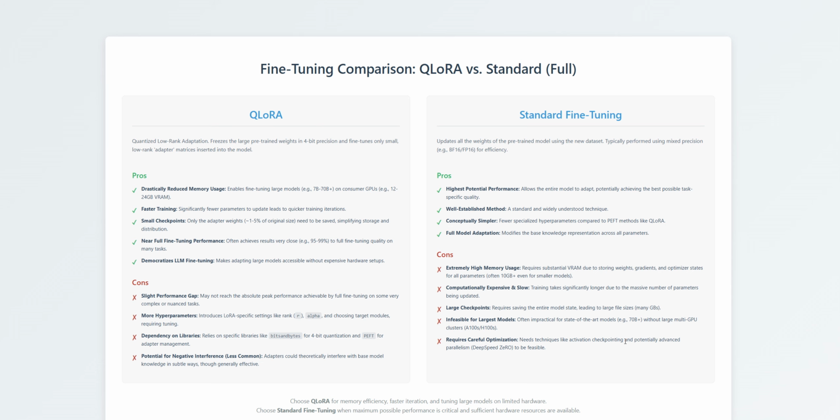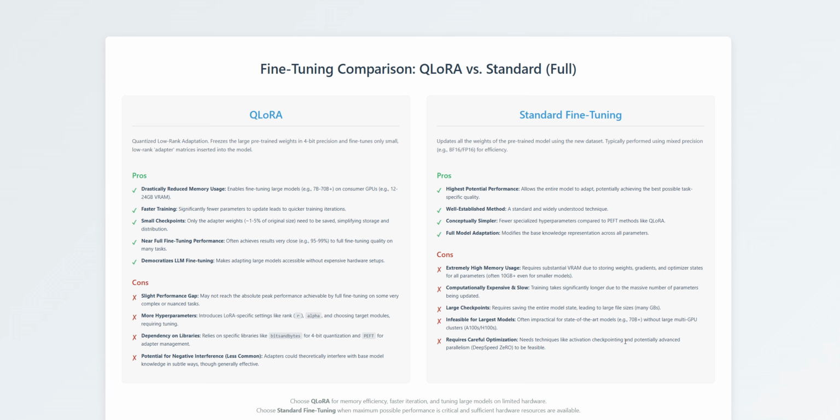Now, standard fine-tuning. The big pro, maximum potential performance. You update every single weight, letting the model fully adapt. It's conceptually simpler in some ways, no extra LoRA ranks or alphas to worry about. But the cons? Oh boy, the cons. Look at that memory usage, it's huge. You need way more VRAM because you're tracking gradients and optimizer states for hundreds of millions or billions of parameters.